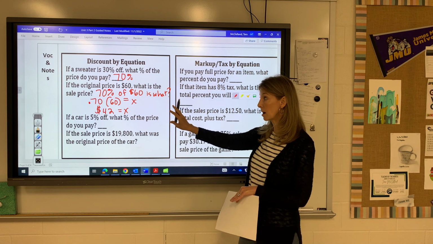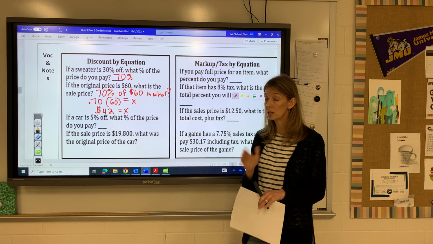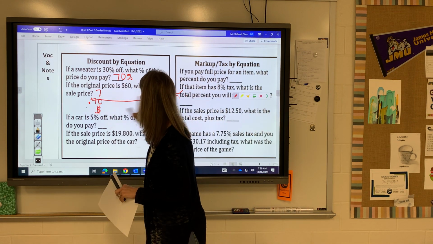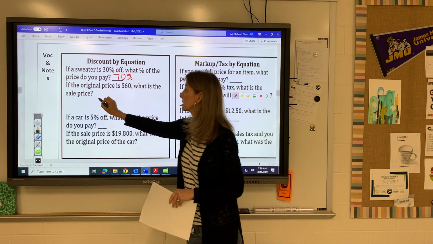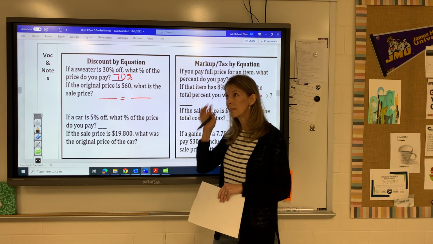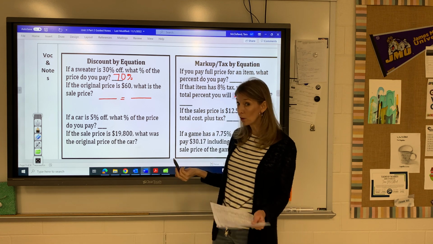Right, I'm hoping you got that copied down. I'm going to erase that, and I'm going to go ahead and write it as a proportion if that is easier for you. Okay, so remember with our proportion, it's just line equals line. And instead of thinking part and whole, maybe you can think the sale price versus the full price.